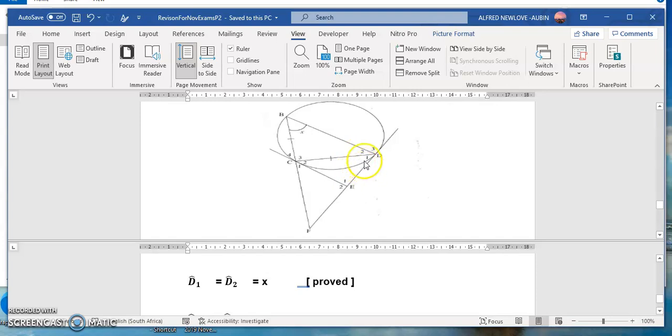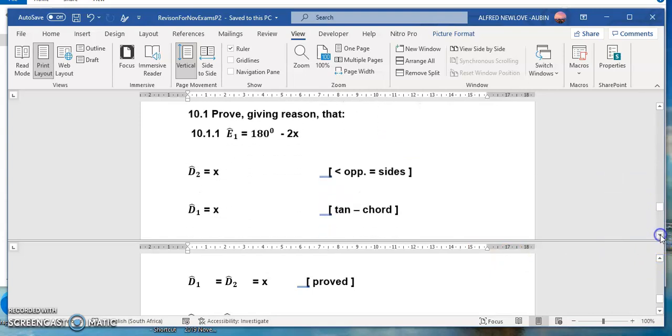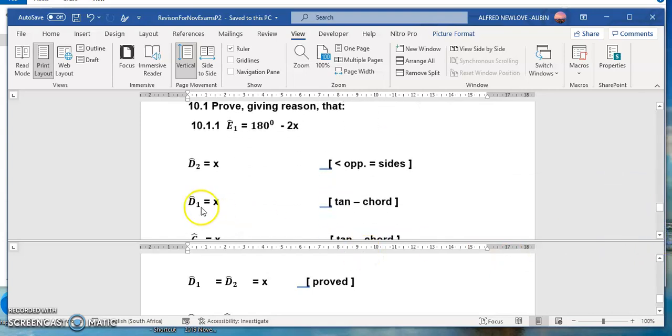So this angle is equal to that angle because this is a tan chord, and this is also equal to that one, which is angles opposite equal sides. It was proved above. Let me show you. D1 is equal to x, tan chord. D2 is also equal to x, angles opposite equal sides.